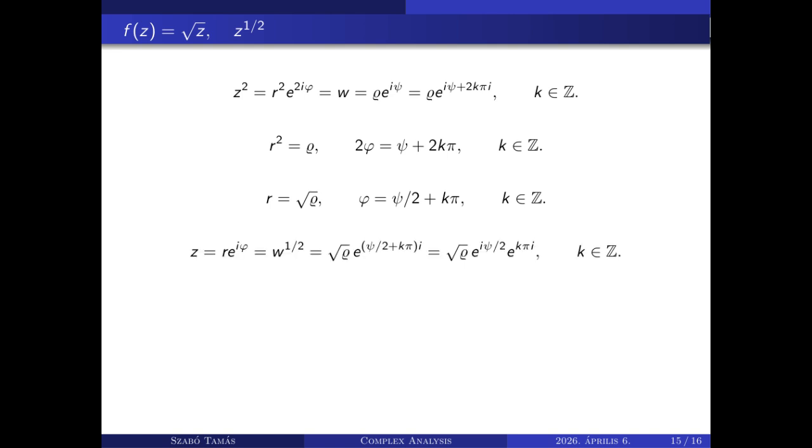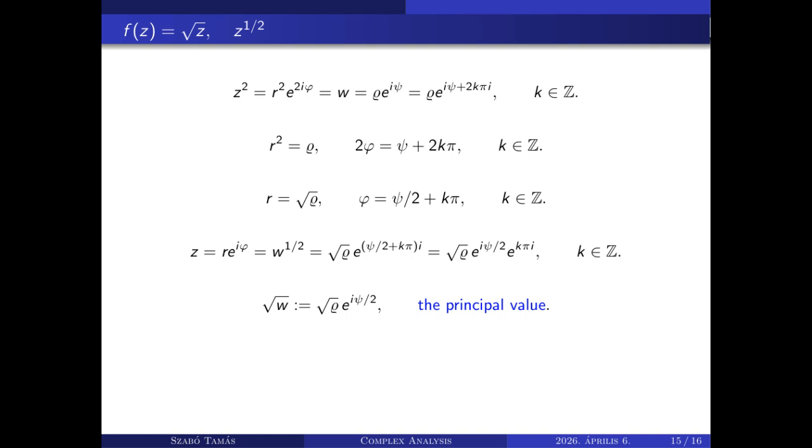So z = re^(iφ), which is w^(1/2), equals √ρ e^(i(ψ/2 + kπ)). Equivalently, z = √ρ e^(iψ/2) e^(kπi), where k is an integer.